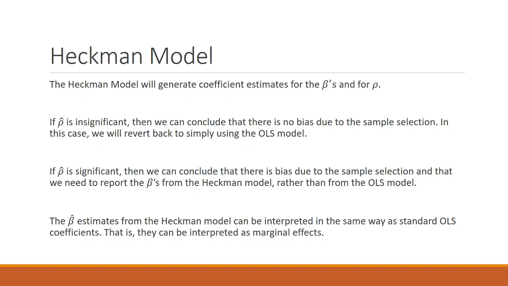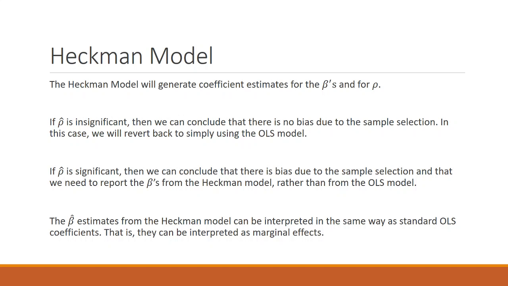With the Heckman model, we create the inverse Mills ratio, and then we include it in our regression. And if the inverse Mills ratio is significant, so basically if rho hat is significant, then that tells us that the incidental truncation did cause bias, which means that we need the estimates from the Heckman model. But if rho hat is insignificant, that would mean that the sample selection or the incidental truncation did not create bias, in which case we would simply revert back to the ordinary least squares model.